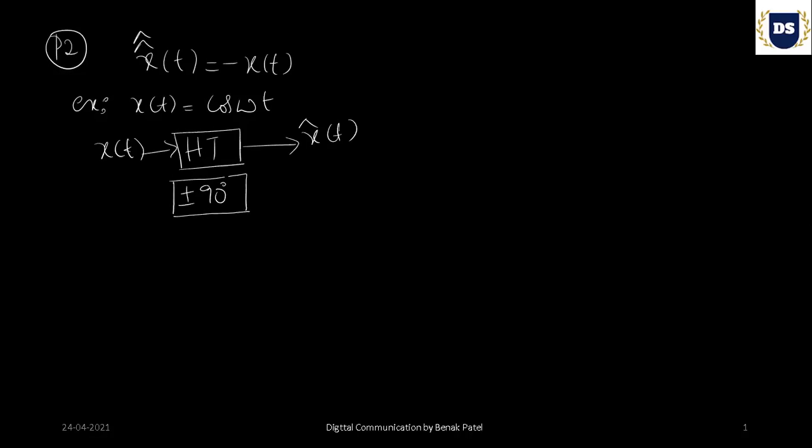It changes all the frequency components of x of t by plus or minus 90 degrees: for positive frequencies, it brings in a negative 90-degree phase shift, and for negative frequencies, it brings in a positive 90-degree phase shift. But how can I determine which component of the cos function is negative and which is positive? This is quite difficult. So in order to simplify that, I'll not consider the cos function in the time domain. So this is in the time domain.